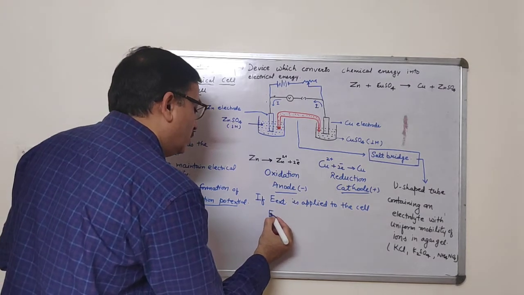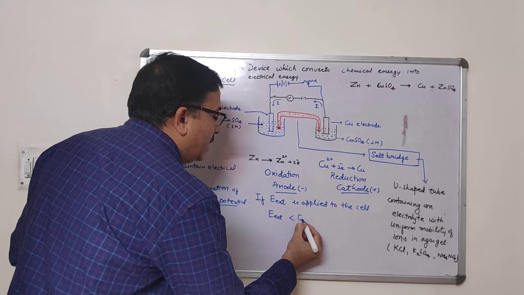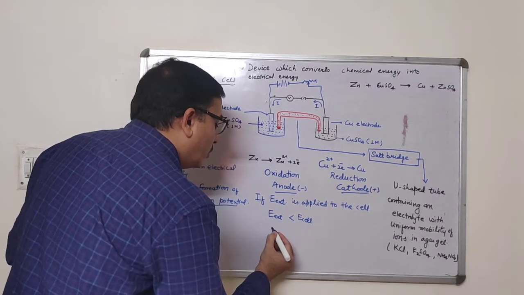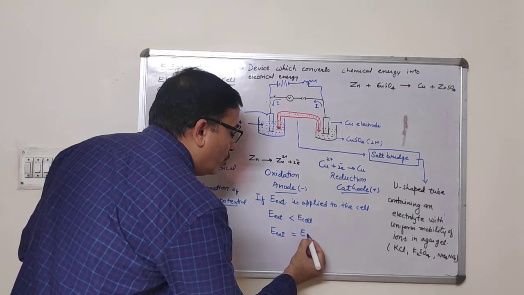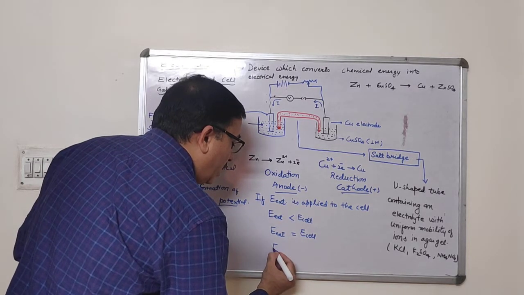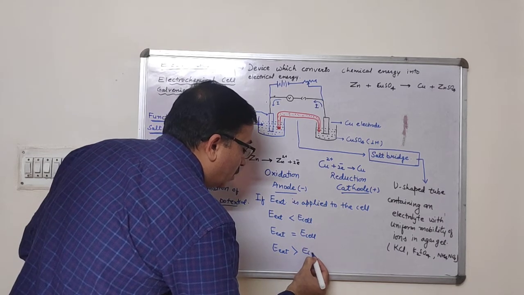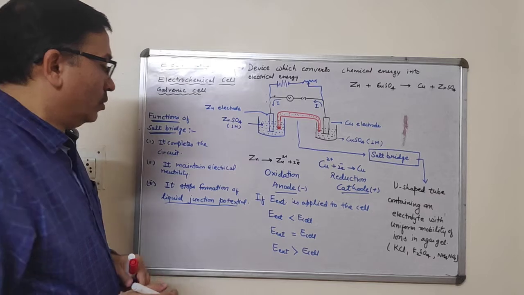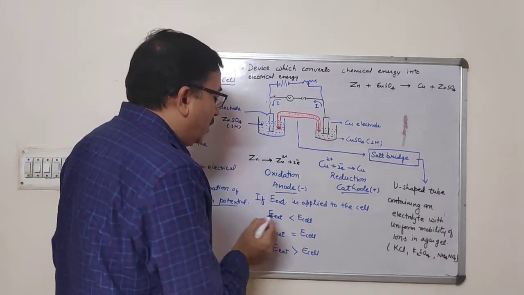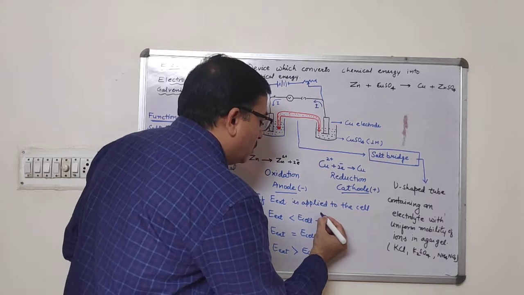Number one, E external less than E cell; E external equal to E cell; and E external greater than E cell. Say when E external is less than E cell, what happens?